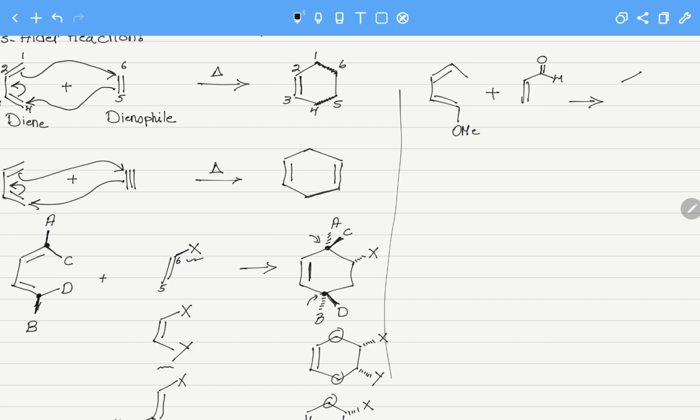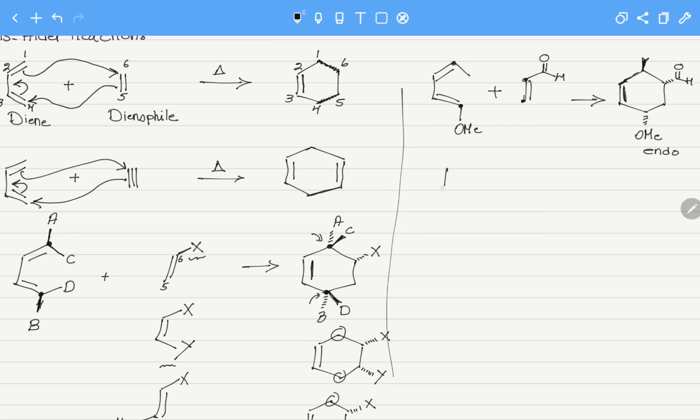So first of all, I will draw just a 6-membered ring, move the double bond to the new position, which is here, and now we have to draw the stereochemistry of the products. At this carbon we have a group which is pointing to the outside, so this is a dashed O methyl. This is pointing to the inside, so this is a wedged methyl group, and we're done with the stereochemistry at those two carbons. Now we'll move on to the stereochemistry at the dienophile carbons, and again we just have one branch, so we'll just draw it as dash to make sure that we are drawing the endo product.